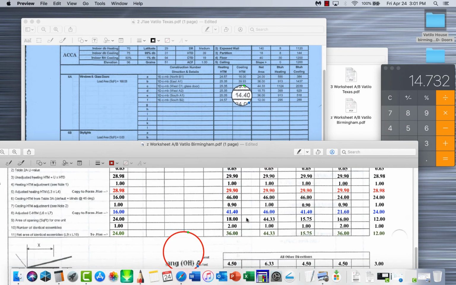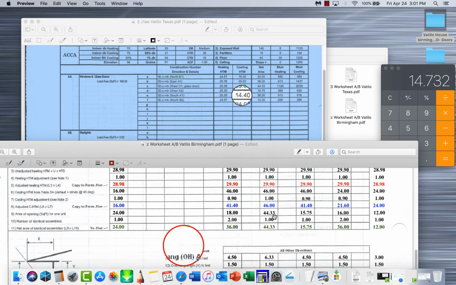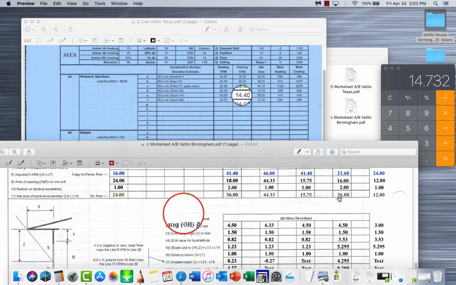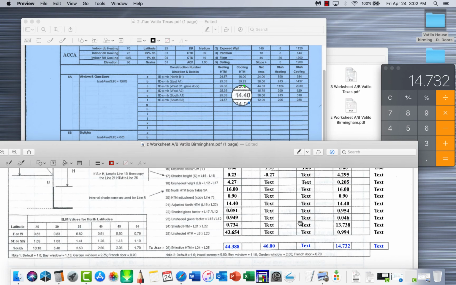These numbers up here, unless you have that negative number right there, you will not put that down there. So don't do this up here and go, oh, okay, I need to carry this over to J1AE. The cooling adjusted with the shade value is the part that will go in there on any east, west, or south facing windows, because remember, they have more sun, and of course sun rises in the east, sets in the west, and rides across the southerly path, so that's why you get a little bit of shade value over here.